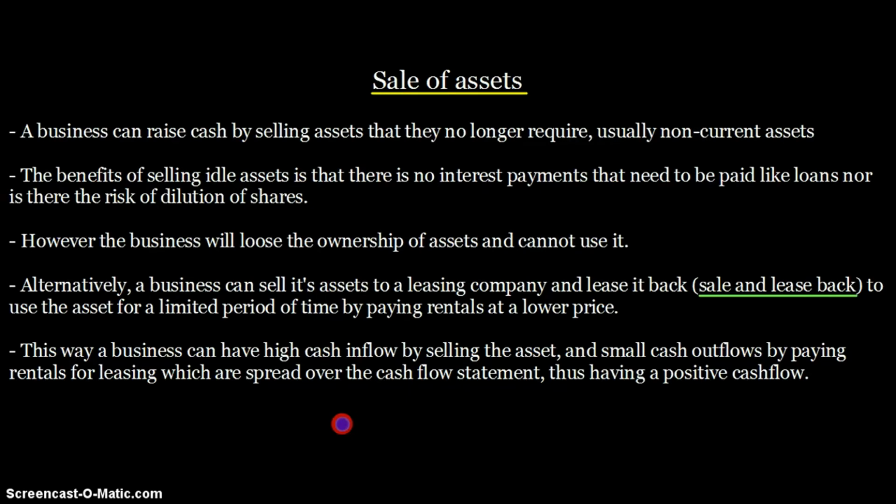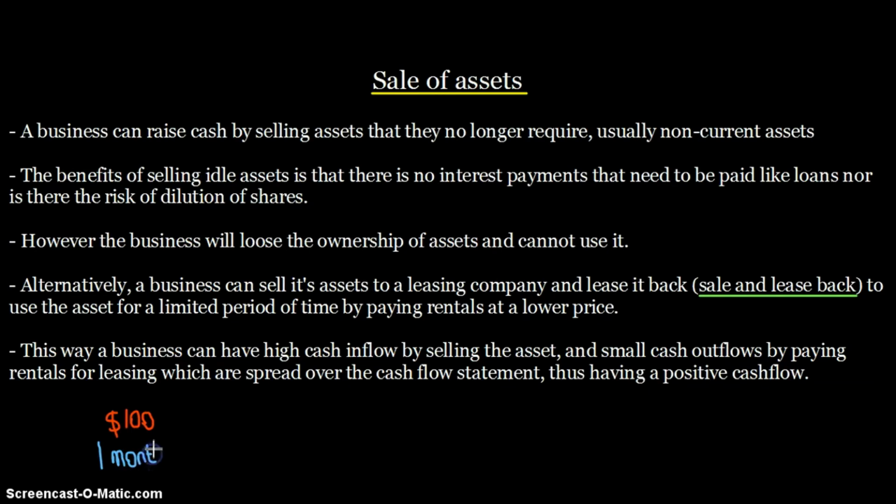So if you're still confused about this, let's use an example. You get $100 by selling that asset, which can be divided. You get that in one month when you sell that asset, but you still want to use that asset.